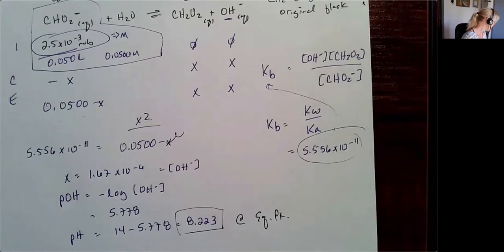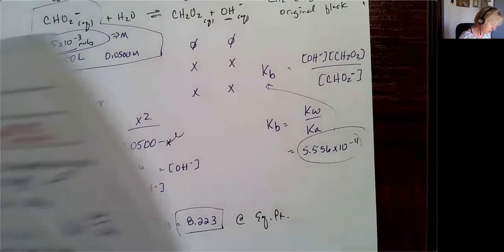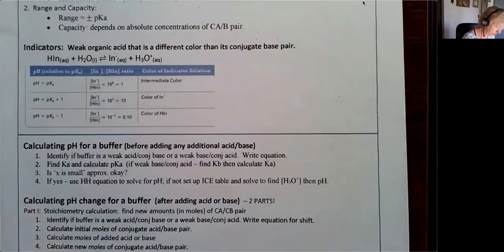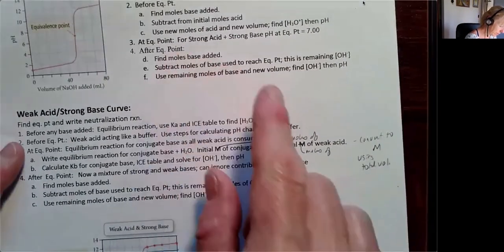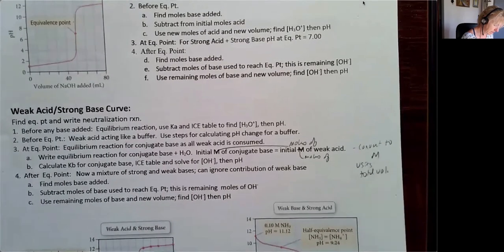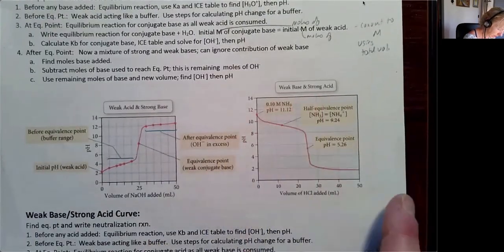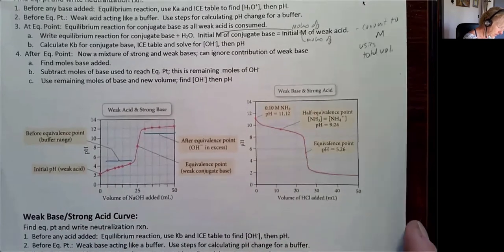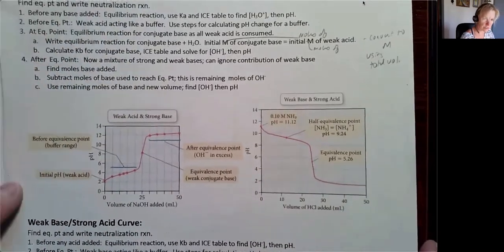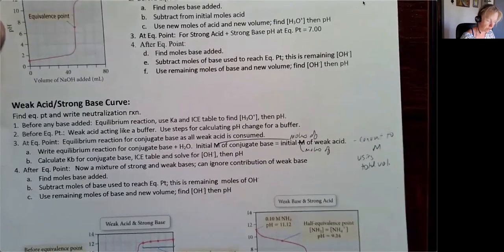The way that you're going to set these up, and I've tried to help you here in this equation quick sheet, is on the second page, where here are all the various titrations. So strong acid, strong base, weak acid, strong base, weak base, strong acid, and then weak acid, weak base. Here are the various steps that you would do depending upon your scenario.